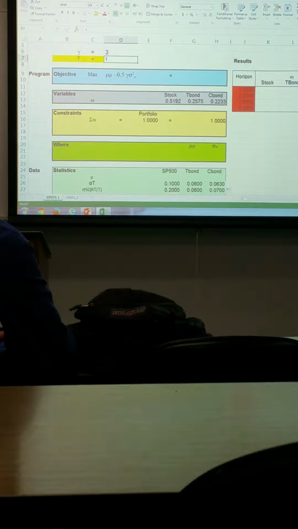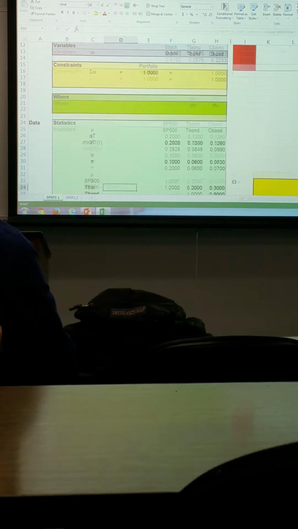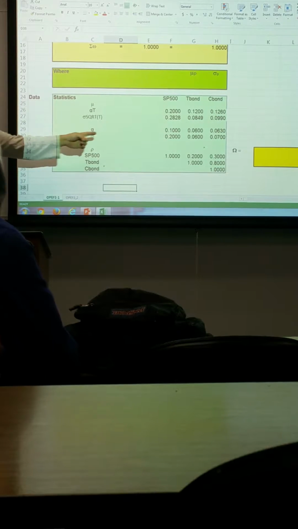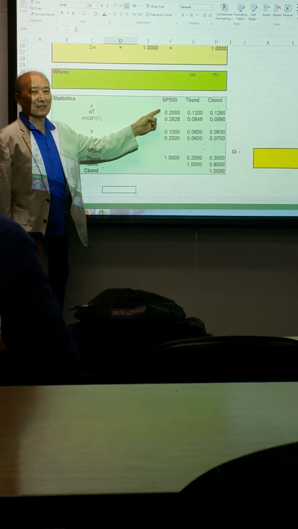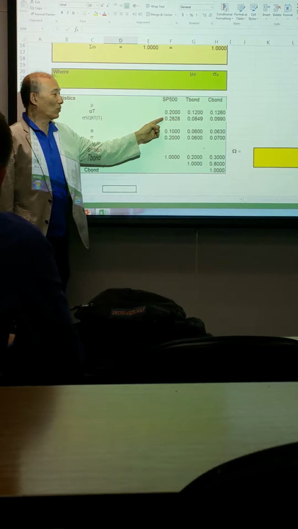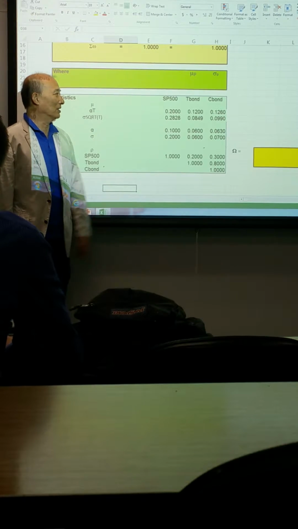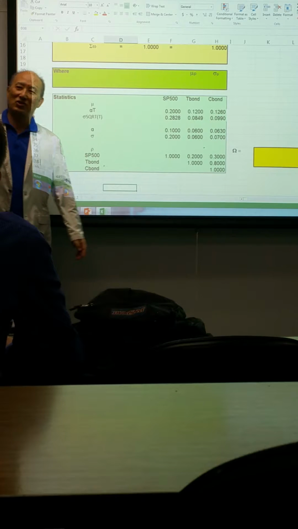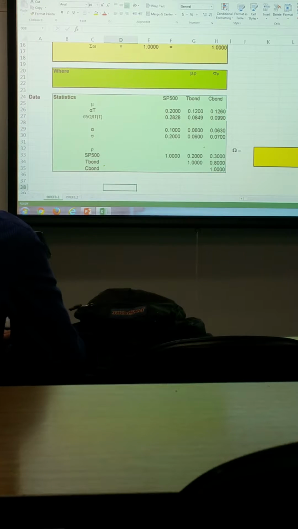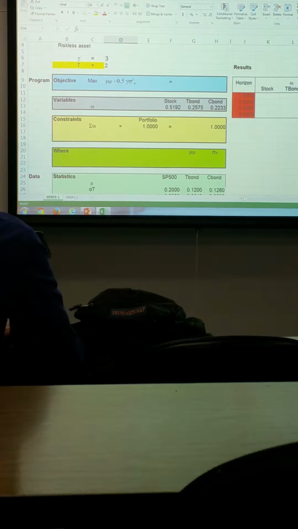If you change that into 2, let's see what happens. Look at this figure. Did you see it is doubled, right? Correct? It is multiplied by square root of 2, which is equal to 3. But as you see there, if we change the time, the necessary information that we have to provide will change. So let me change back to 1.